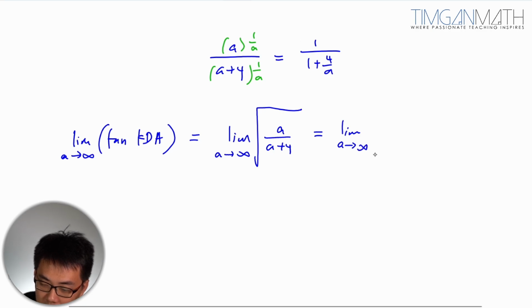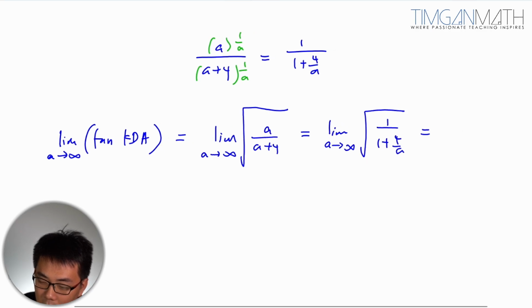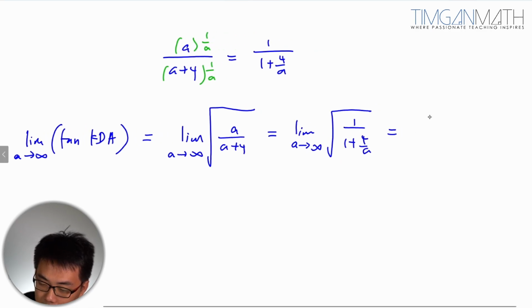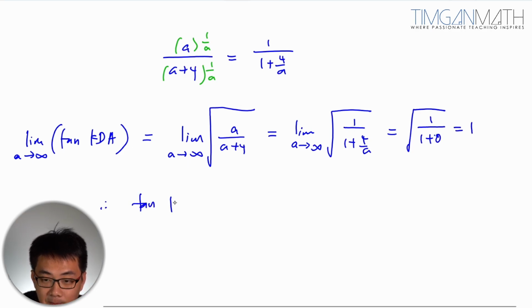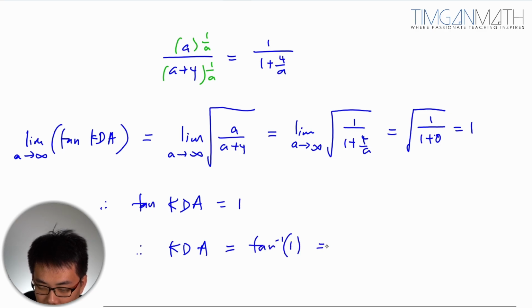We can change this expression to 1 over 1 plus 4 over a. We know that this will become 0, and this will be 1. Hence tangent KDA is tangent inverse of 1, which is actually pi over 4, 45 degrees.